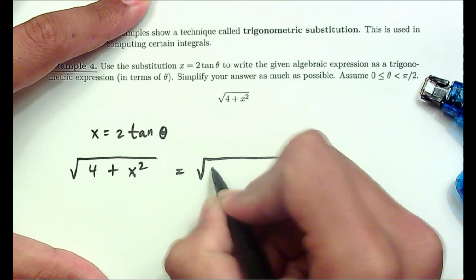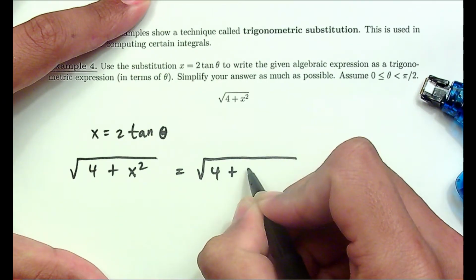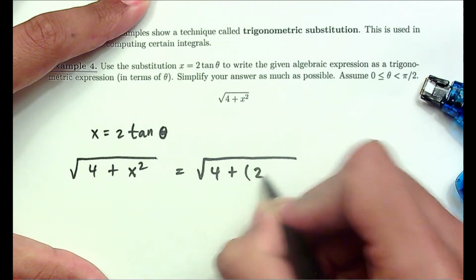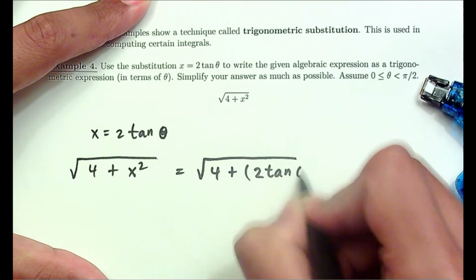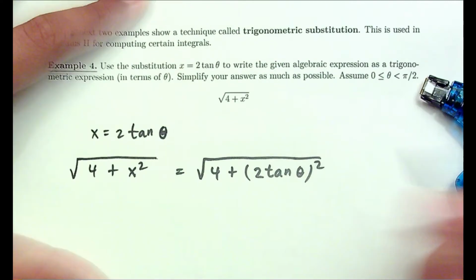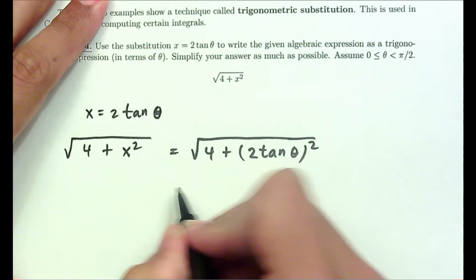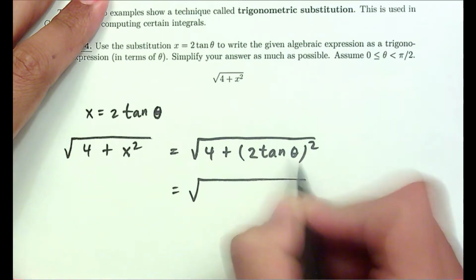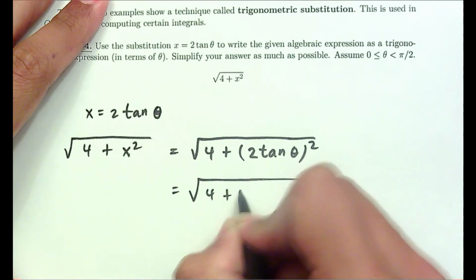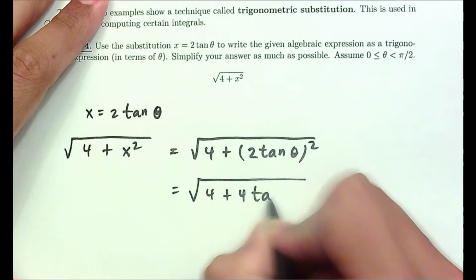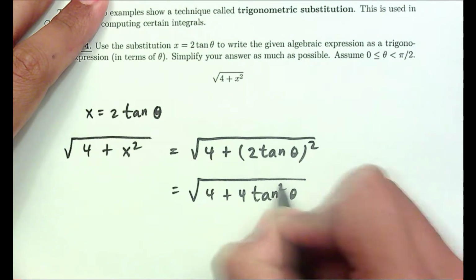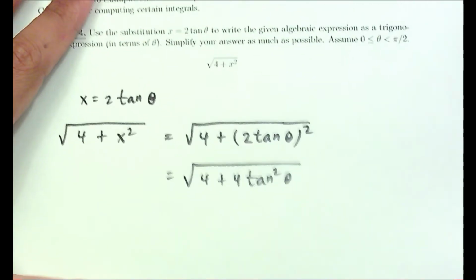So this is going to become 4 plus, now the x is 2 tangent of theta, squared. Now squaring, this is going to become 4 plus 4 tangent squared of theta. So you square the 2 and you square the tangent.